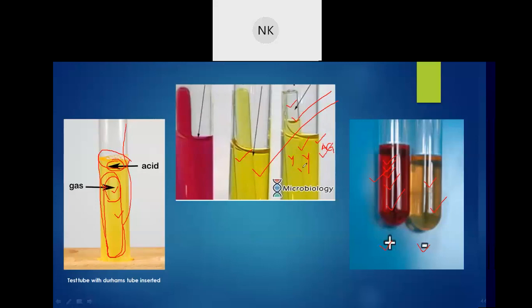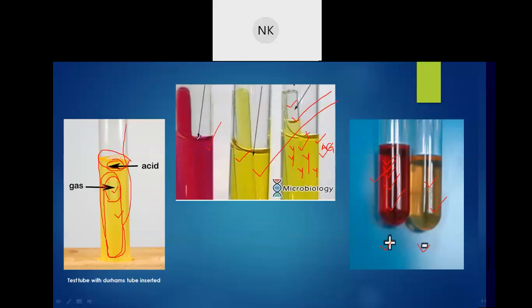So this is in case of phenol red. It is yellow in color at lower pH, around 4.5. If acids are accumulated, the phenol red which is already present in the broth will turn yellow, and this is a positive result for both acid and gas. So this is a negative result.